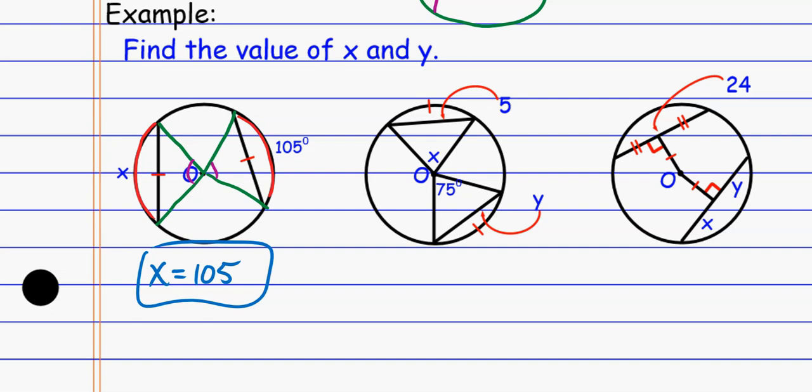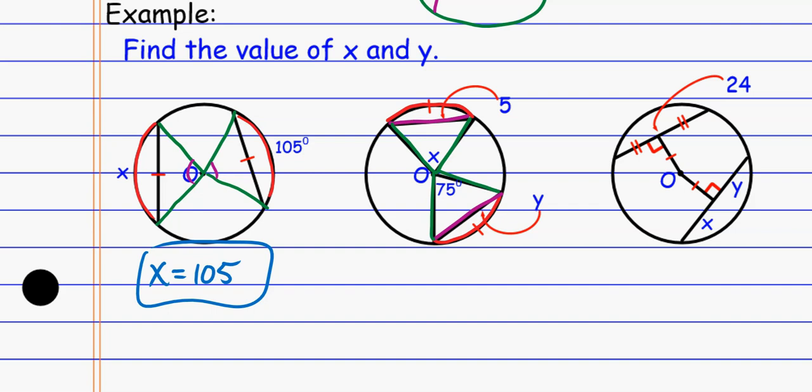Okay. Look at the next one, same kind of thing here. Notice I have congruent arcs this time. So it says this arc and this arc are congruent. And so now if the arcs are congruent, then these segments, the chords associated with that arc, have to be congruent, and the central angle associated with that has to be congruent. So there's those three pieces, the central angle, the chord, and the arc.